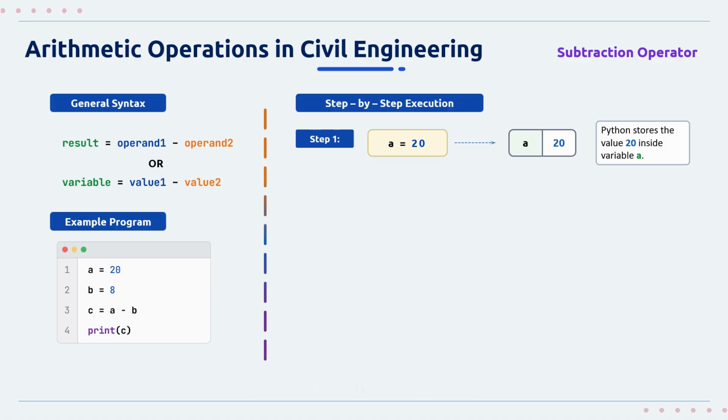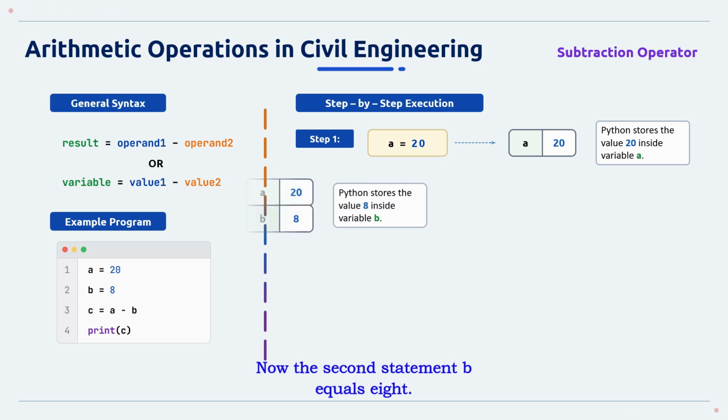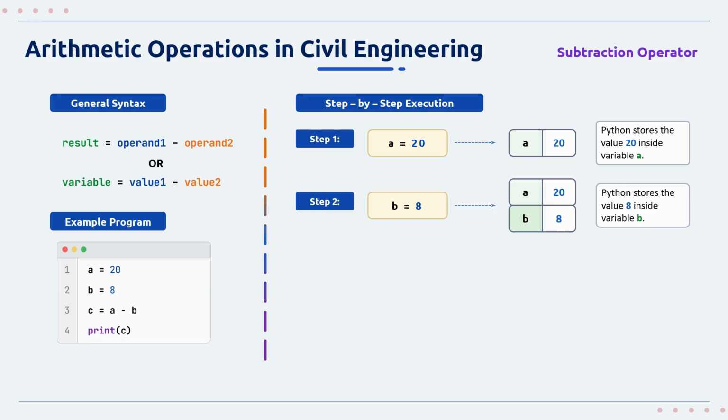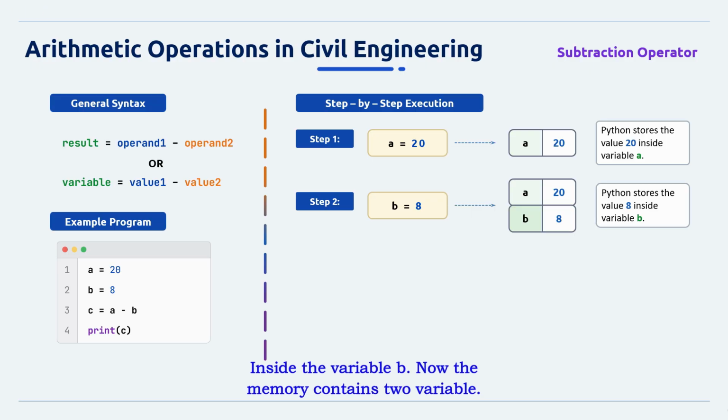At this stage, the memory contains only one variable a with the value 20. Now the second statement, b = 8. Here, Python creates another variable named b. It stores the value 8 inside the variable b. Now the memory contains two variables, that is a which stores 20 and b which stores 8.